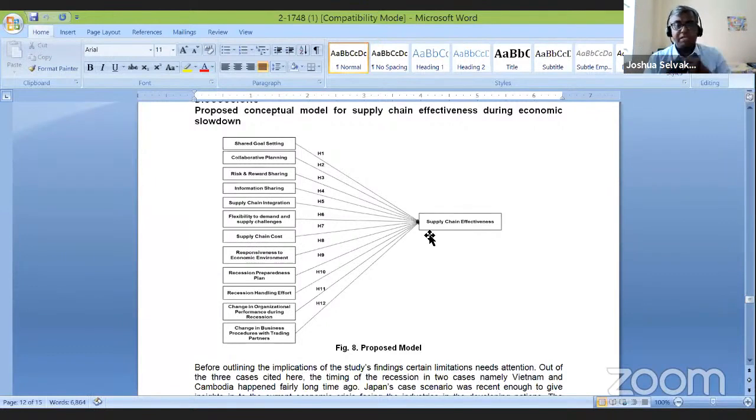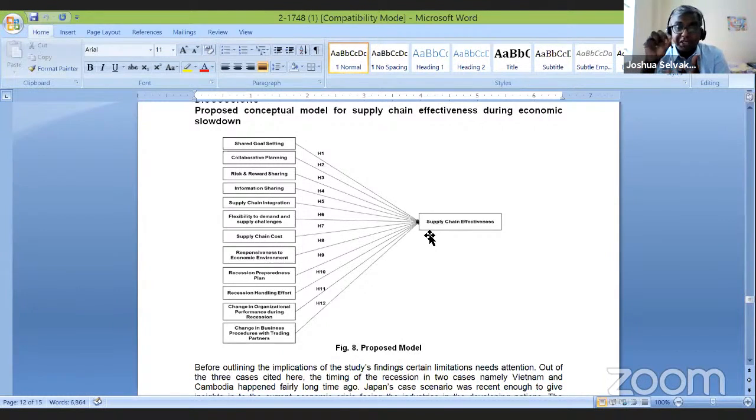I'm giving you two words now: efficiency and effectiveness. Efficiency is internal to the organization. Effectiveness is external to the organization. If your internal processes are very good, then you say you are efficient.